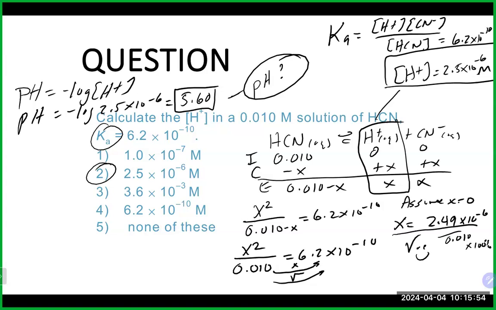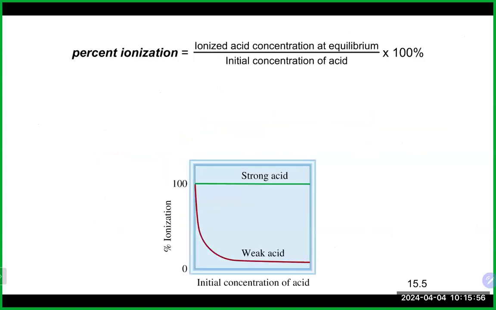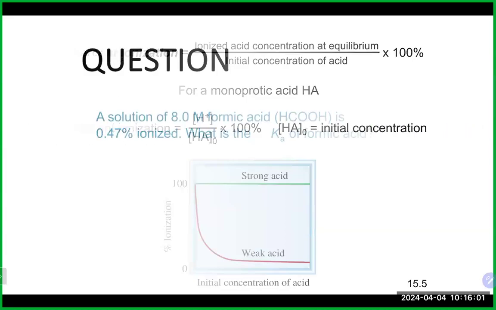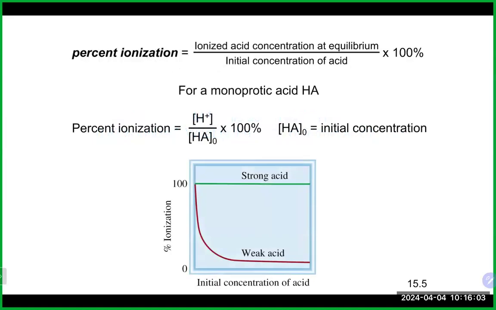Okay, so then let us talk a little bit about percent ionization and what's going on with that. Percent ionization is the percentage at which an acid breaks apart in solution, ionizes or dissociates. It can also be applied to bases, how they break apart into OH minus.